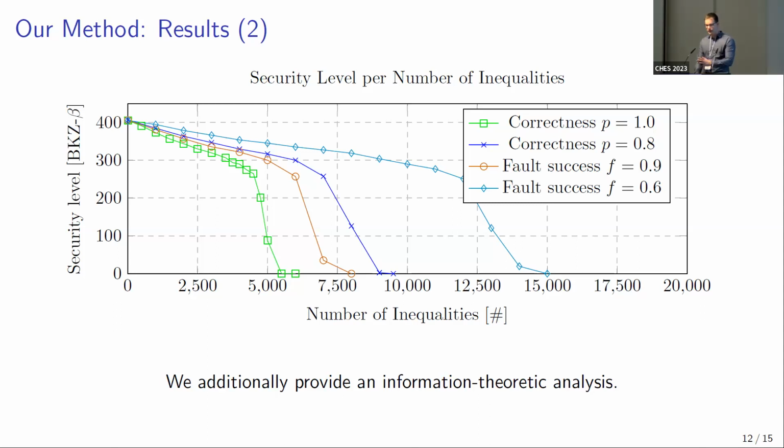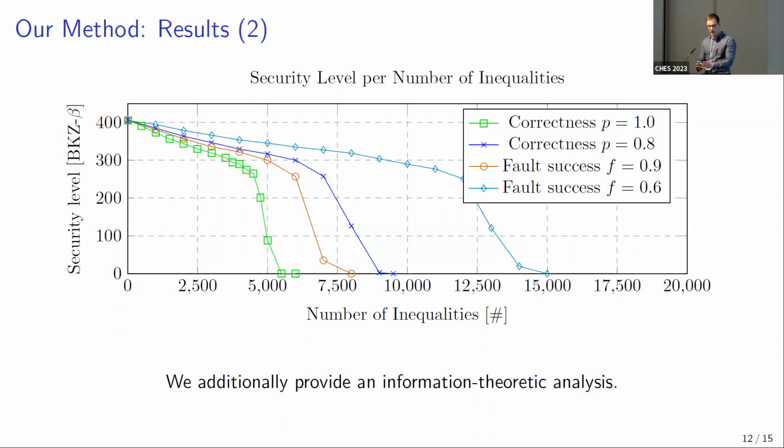The second scenario comes from the previous fault attacks. There we have a fault success rate assumed. And this leads to a scenario where certain inequalities are correct with probability 1, and other inequalities are correct with a probability smaller than 1.